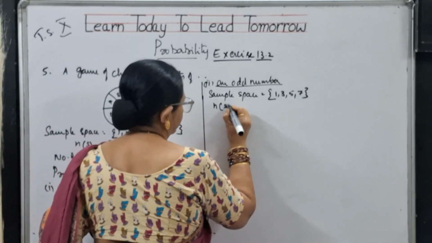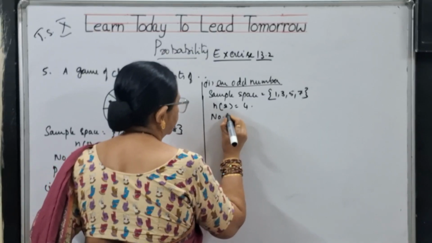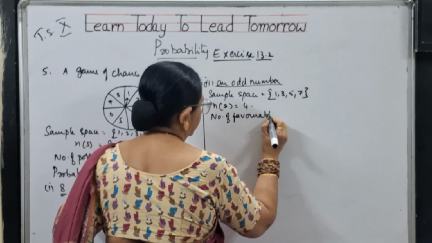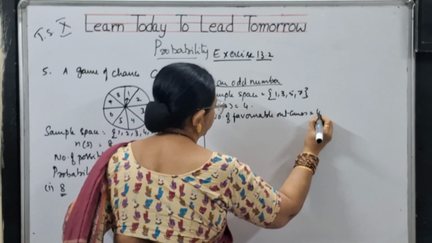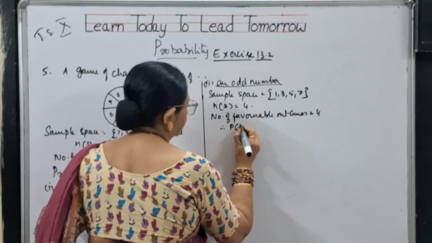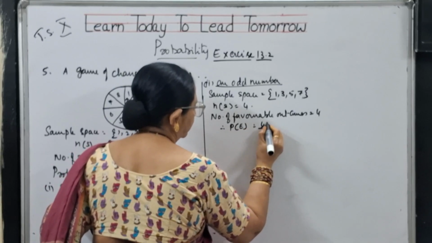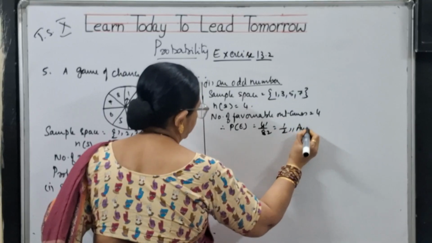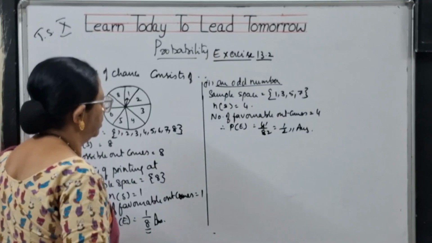So number of favorable outcomes is equal to 4. So what is the probability of the event? 4 by 8, that is 1 by 2 is the answer, because possible outcomes are 8.